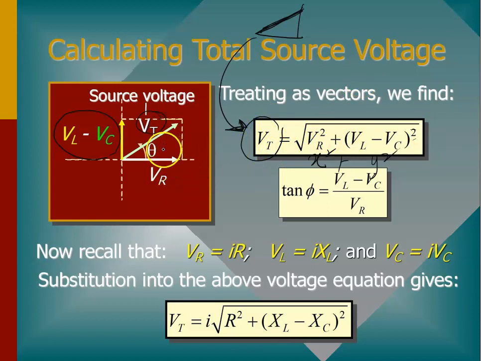And how to find this value of angle? Then again, by using these very popular equations, you will get tangent theta is equal to the total of V in the y-axis divided by the total of V in the x-axis, where in the y-axis we have these two, and in the x-axis we have this one. Right?